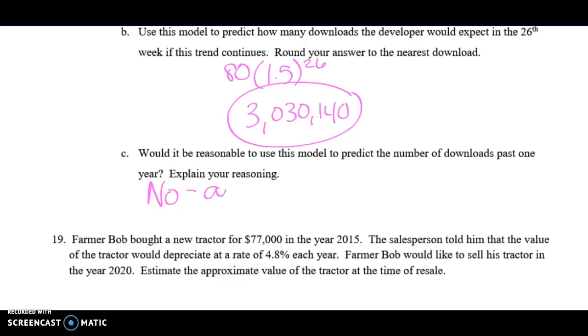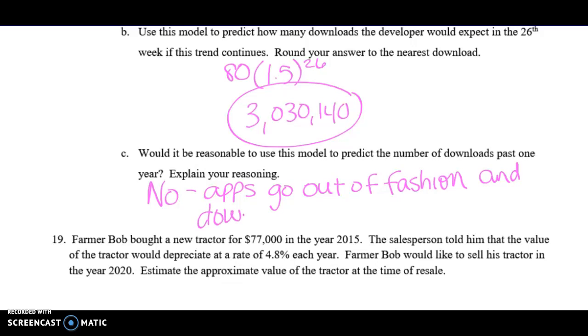No. Apps go out of fashion and downloads slow down, or there's not enough people to match the numbers. Something that makes sense to you.